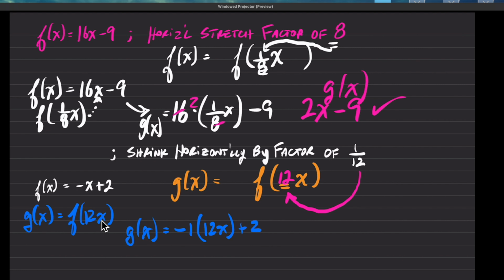All we did was take this 12x and put it in for x. You can imagine that there was a parentheses there originally. That 12x replaces that x. Now we're just going to distribute the negative, and this is our final answer. Note that the original plus 2 is not affected, because that negative does not apply to that positive 2. This is your g of x.